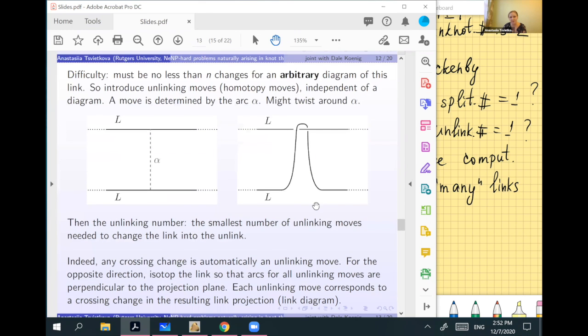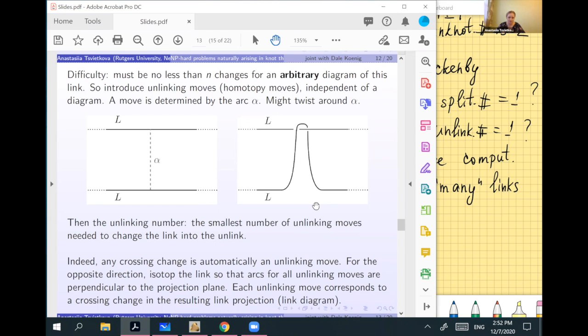Maybe it's not so hard to prove for this diagram, following the previous proof, but you have to prove that you can do it in no less than n crossing changes in an arbitrary diagram. So you have to show that your proof is independent of this particular diagram.